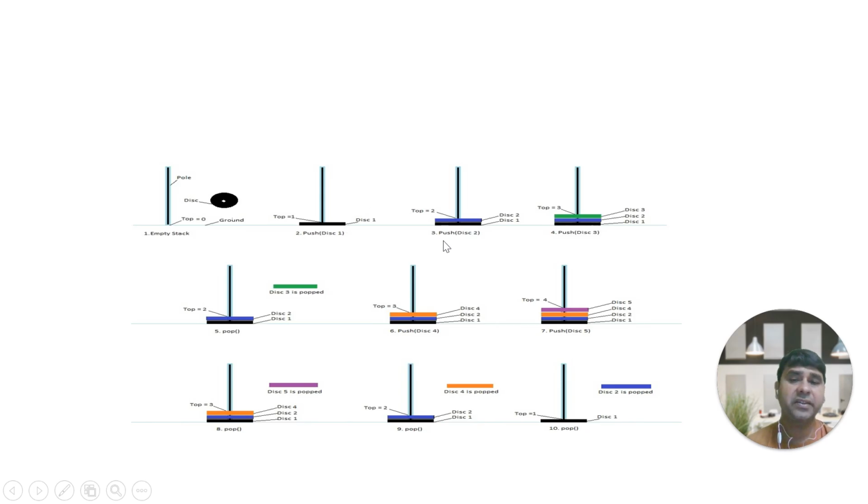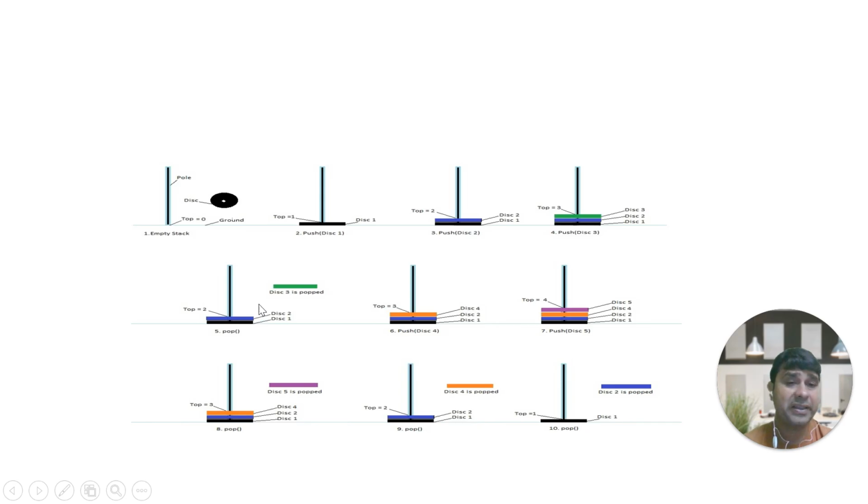And in the third figure, if you want to insert another disk, disk 2, you have to increment the value of top to its next position, which is 2. And after that, you can insert disk number 2. In the same way, again, you have to increment the value of top to 3, and then you can insert disk 3.